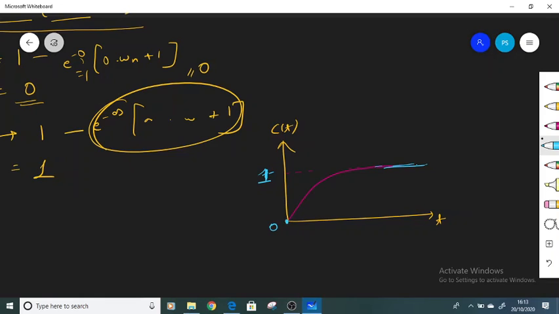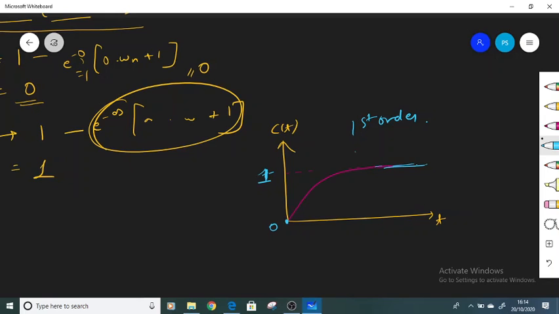So this is how your system's response is going to look, and you can relate it to the first order response. In the first order system also, when we had applied a unit step function to it, we had seen a similar response.